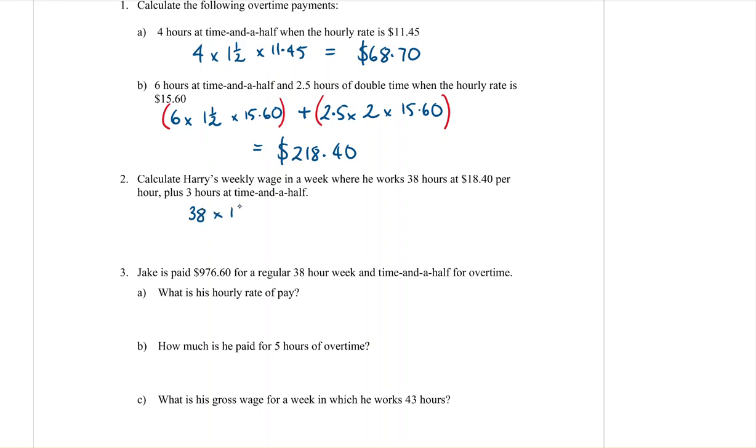So just 38 times by $18.40, normal pay. Then comes the overtime, so plus. He does 3 hours at time and a half, so that's my 1.5, times by the $18.40 again. Normal pay, overtime pay, and then type it all in.